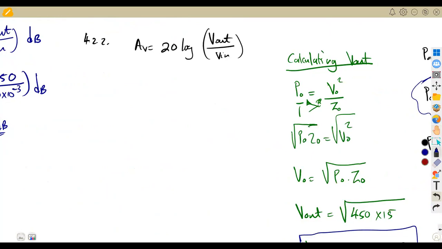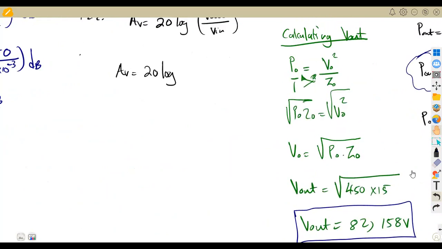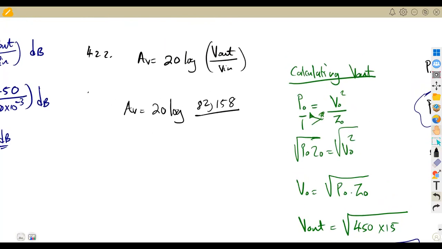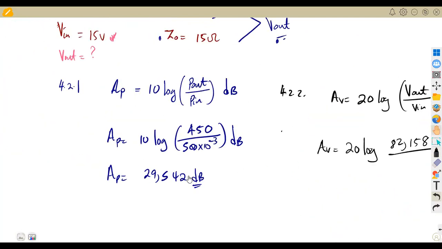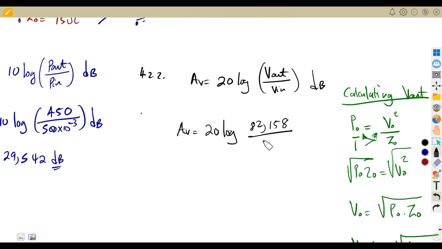The voltage gain is equivalent to 20 times the logarithm of V out, whereby we calculated our output voltage here, 82.158, over the input voltage, which is V in. All right, so that's what you're going to have, and our answer is going to be in decibels. So we're just going to substitute 15 for V in in this case.